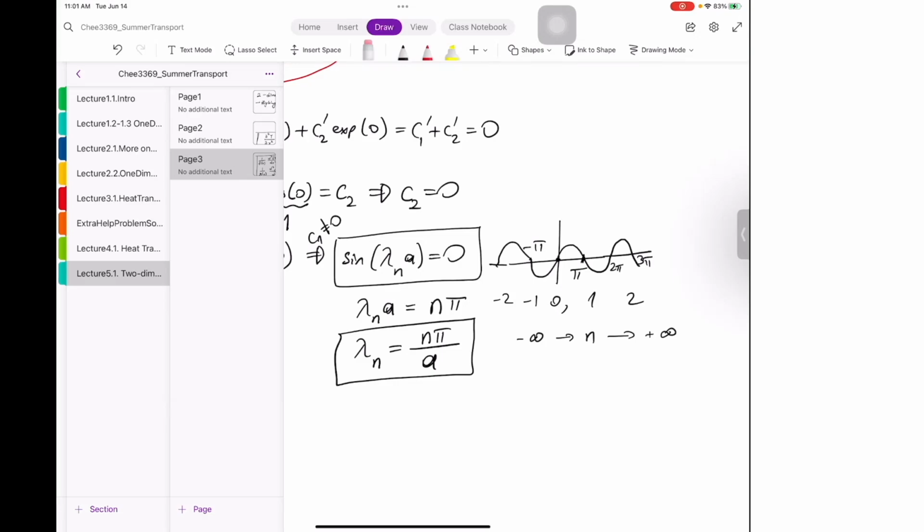And it takes integer values. Okay, so it's basically negative 3, negative 2, negative 1, 0, 1, 2, and so on. So if you sum over n, n is going to start from negative infinity to positive infinity. Okay? So this is nothing that I make up. It's just what this equation suggests us to take. Okay?